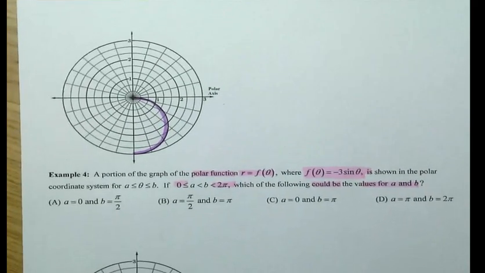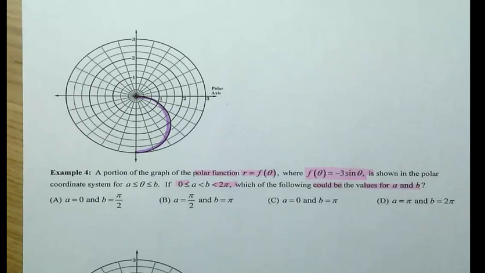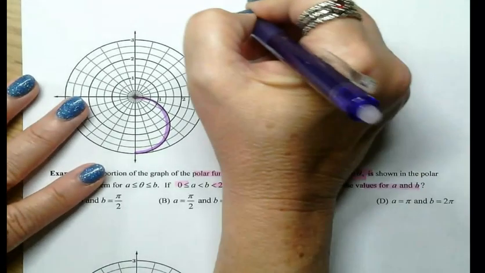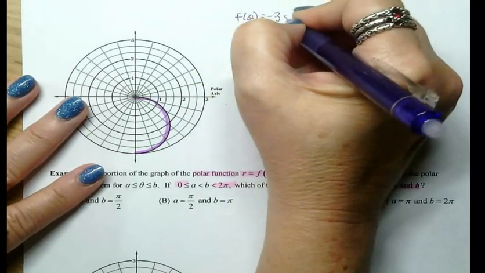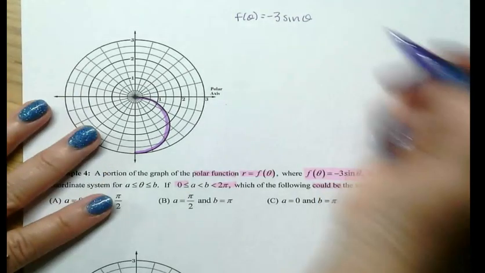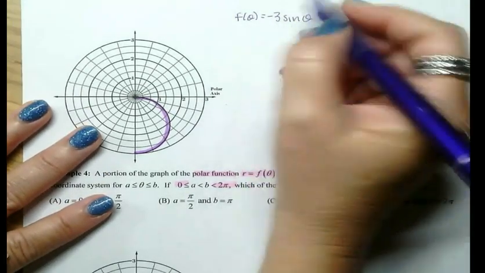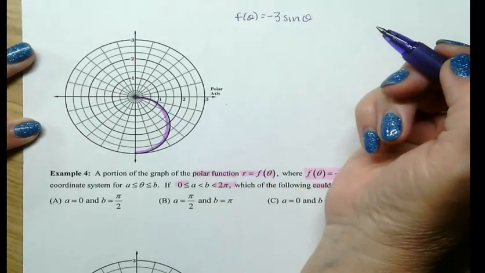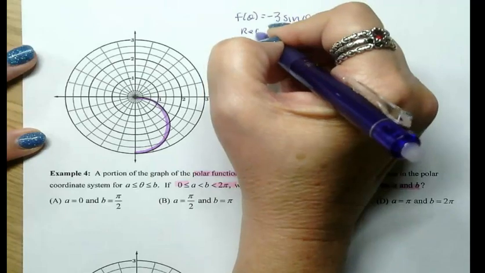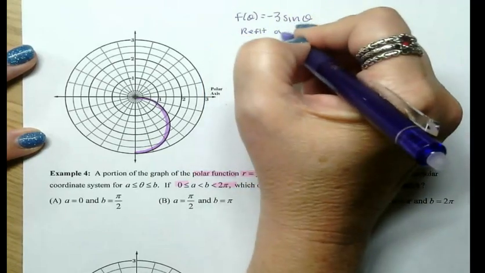But we are going to use tools that we already know and already have, and that's a rectangular graph. So I am going to make a rectangular graph of this equation, okay? As we look at f of theta, which is -3 sine theta, what transformations do you see? For this particular problem, it has a reflection over the x-axis.